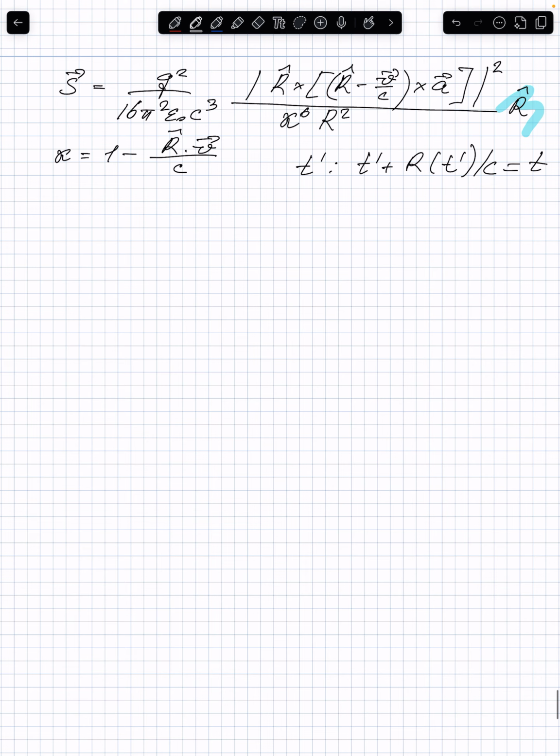Okay, so now this means that we can set up the coordinates in such a way that we can integrate S, the Poynting vector, over a sphere of radius R that surrounds the particle at its retarded time.